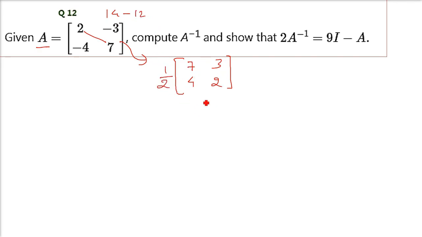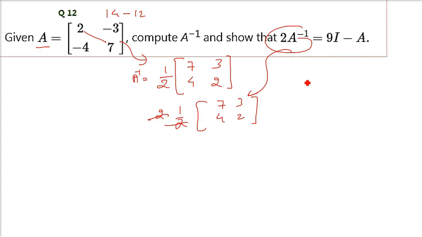This is going to be your A inverse. So the adjoint of A we have found out, and then divided it by the determinant of A. Now this is 2A inverse, so twice of this, 1 by 2, 7, 3, 4 and 2, and 2 gets cancelled. So whatever on the right hand side, you should get 7, 3, 4, 2.